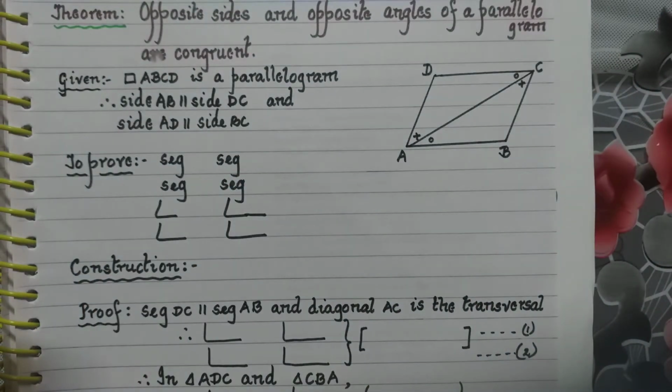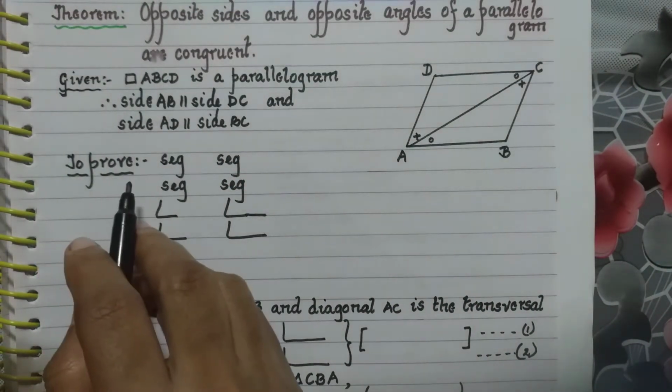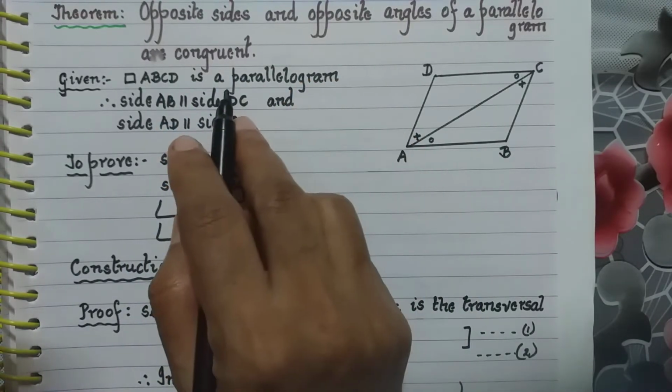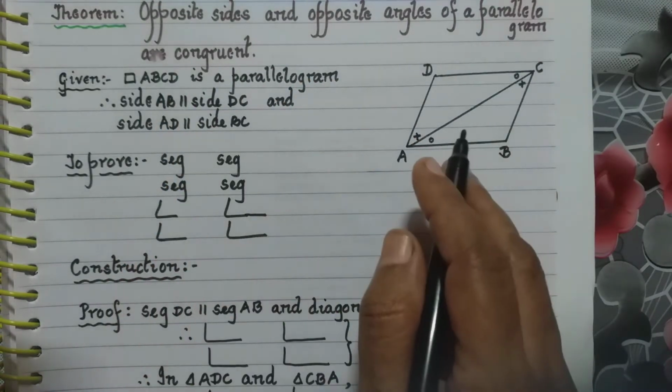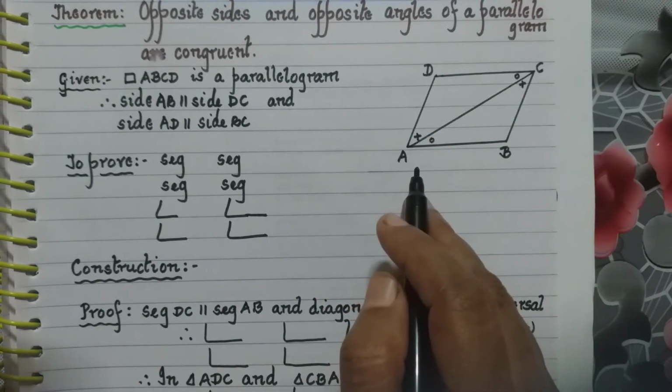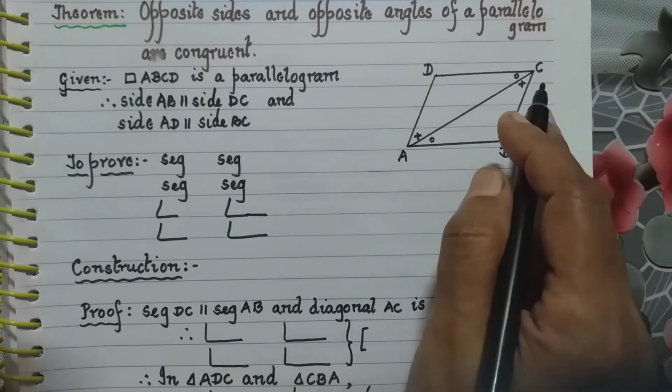Okay, so now what do we have to prove? The opposite sides and the opposite angles are congruent. Now let us see which are the opposite sides. The opposite sides are segment AB and segment DC.